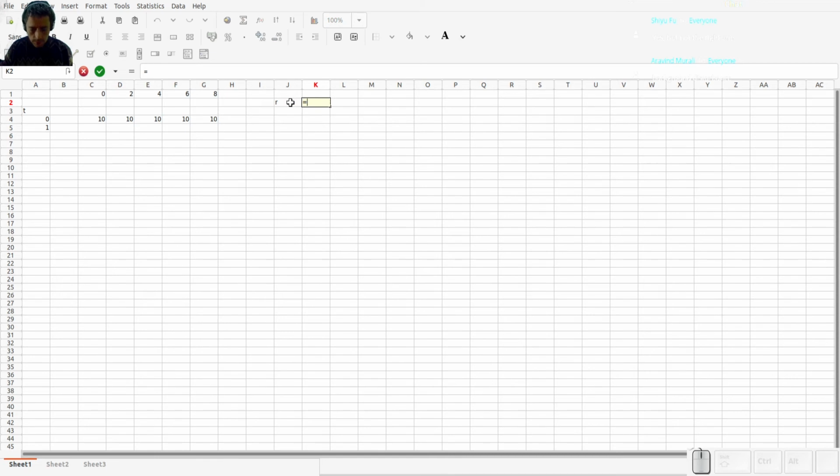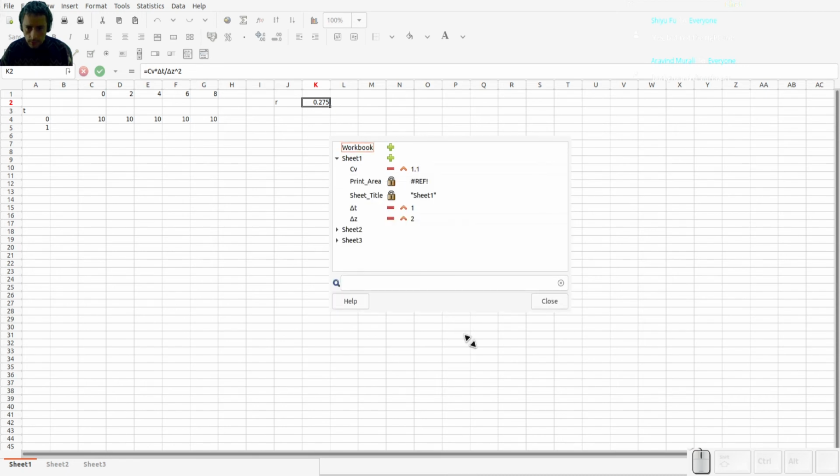R is equal to CV times delta t divided by delta z squared. Okay, so 0.275, and we will call that R in this particular case.